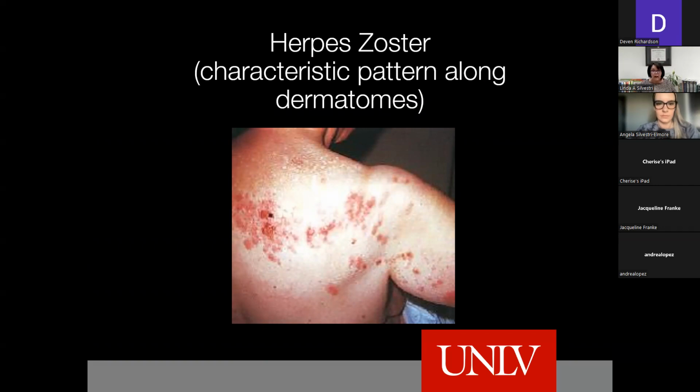There are antiviral medications that can be given to help with this, but the pain is really very bad from what patients will tell us. And as I mentioned, there is a vaccination for people who are over 50 years of age, so you should highly encourage patients to get that.